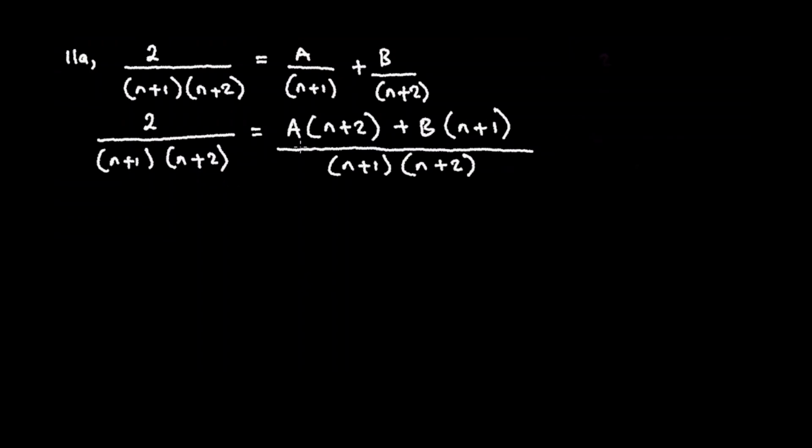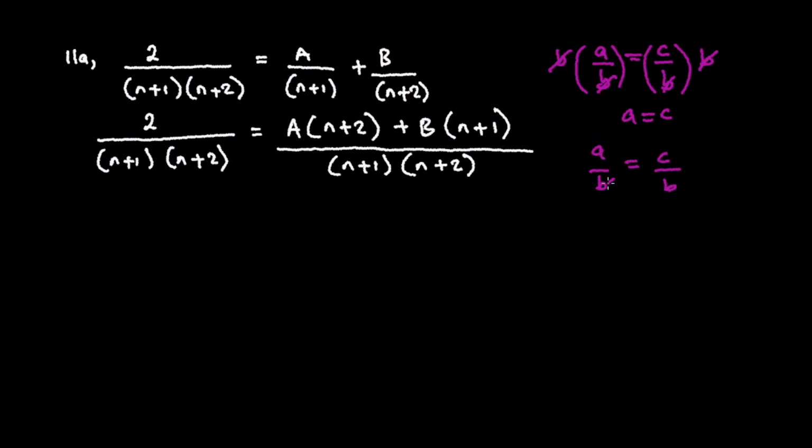If we see that the denominators are the same, for example a over b is equal to c over b, we can do two things. Firstly, we can multiply both sides by b, like this. The b's cancel and we remain with a equals c. Or once we are used to it, we can just cancel the denominators like that, leaving the numerators equal to each other.